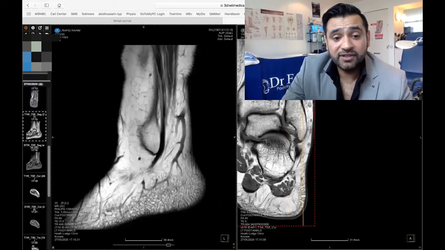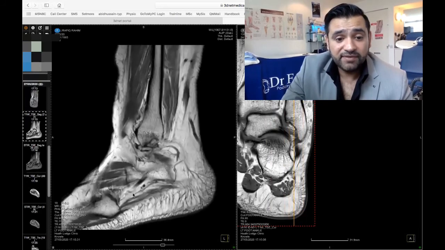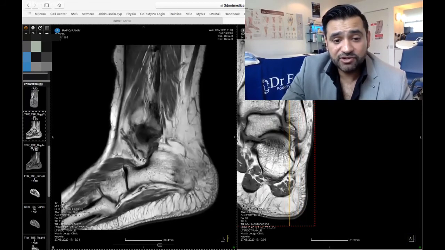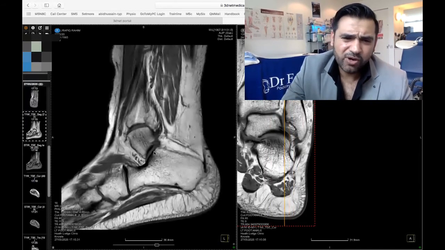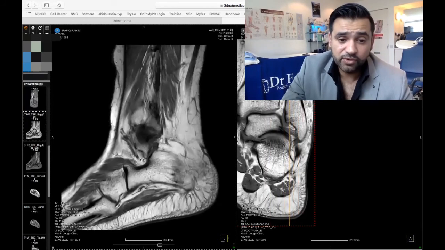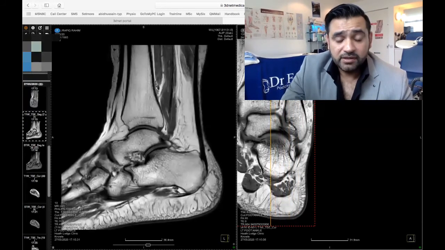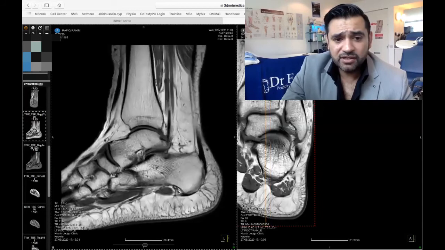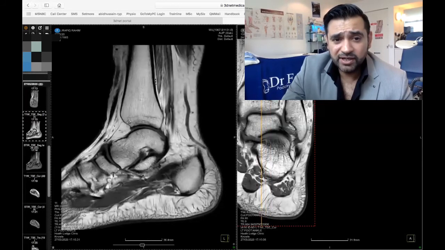And then you'll see the brevis attaching to the lateral aspect of the fifth metatarsal. It's quite hard to pick up the longus on this view all the way down. But that's the major things we're looking at in sagittal.